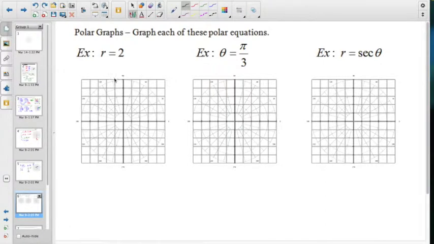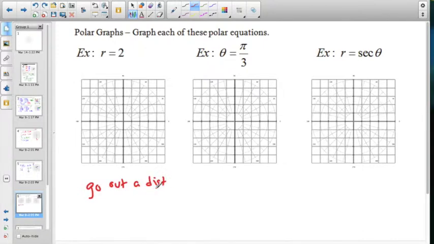So if we think about r equaling 2, what this is saying is go out a distance of 2, and then at any angle, really, because there is no restriction on the angle. If they restricted the angle, they would have given us a theta. They would have given us a value for that angle.